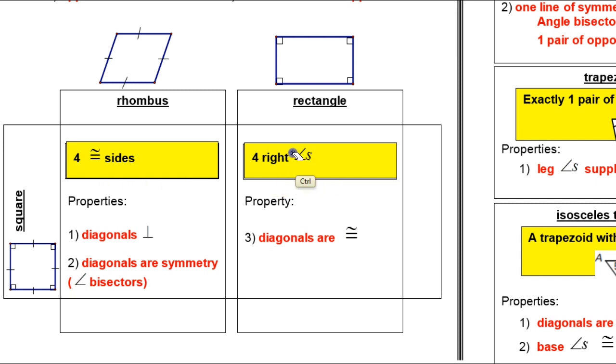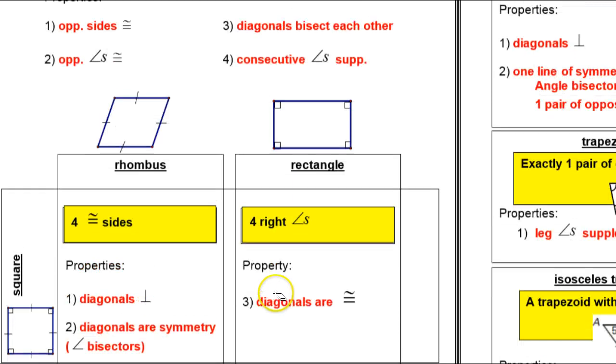It's just a combination of the definition of rhombus and rectangle. And a square has all 3 of these special properties: the 2 properties that I mentioned for a rhombus and also the property that I mentioned for a rectangle. All of these are square properties. So you have to be comfortable with the overlapping.